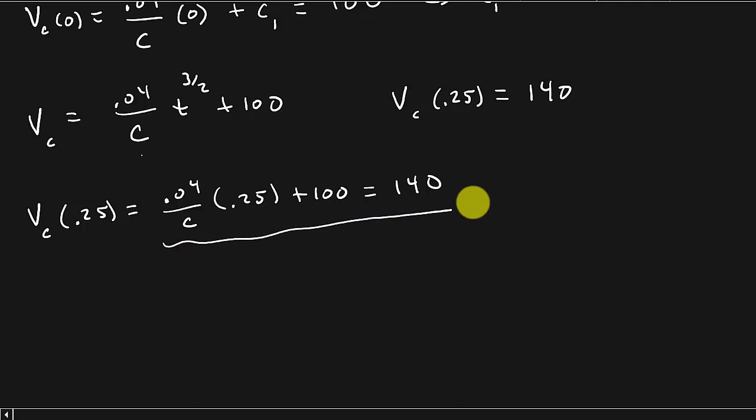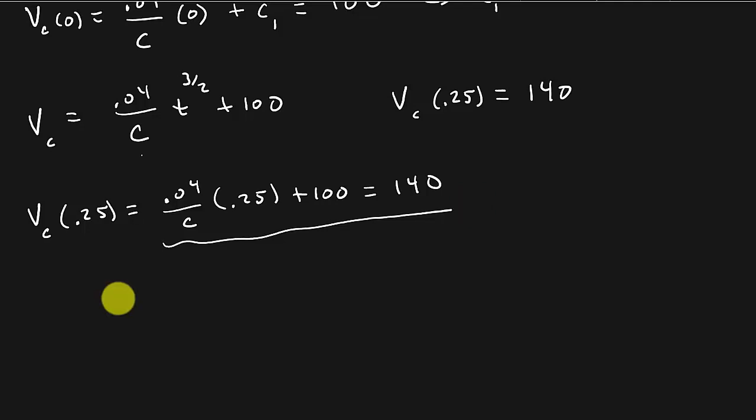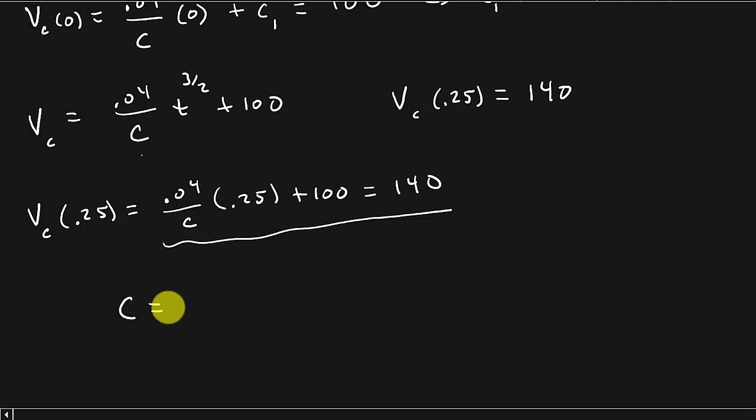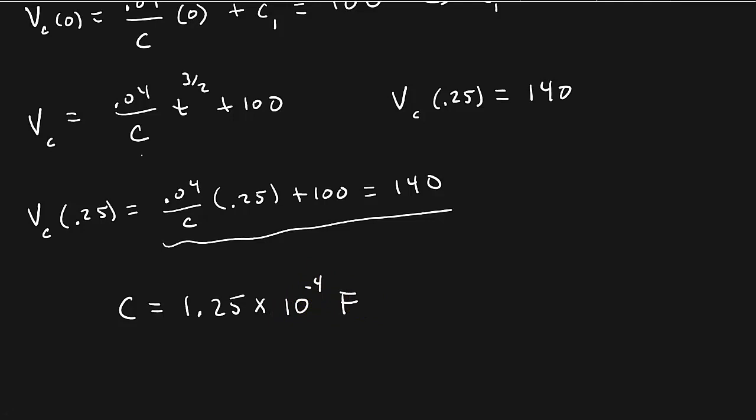And now what do I have to do? I have to solve that equation for C. And that gives me C is equal to, in scientific notation, 1.25 times 10 to the -4 farads.